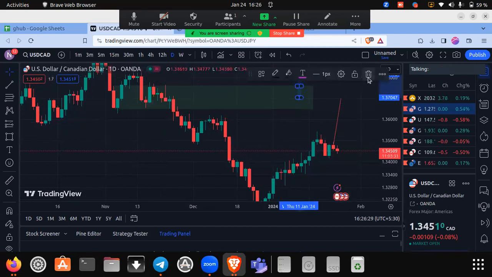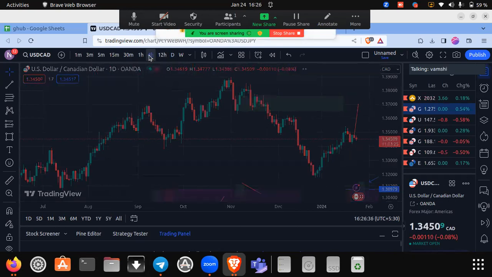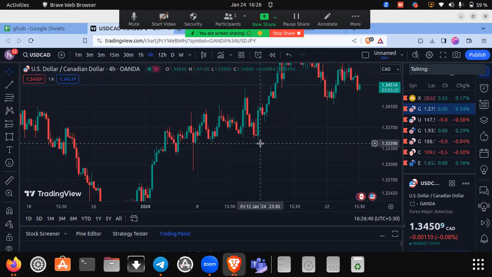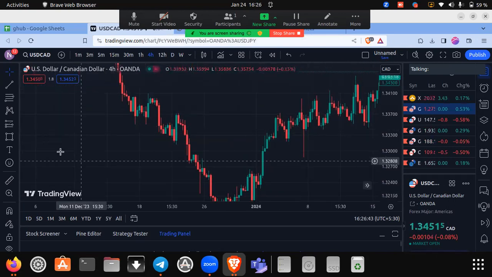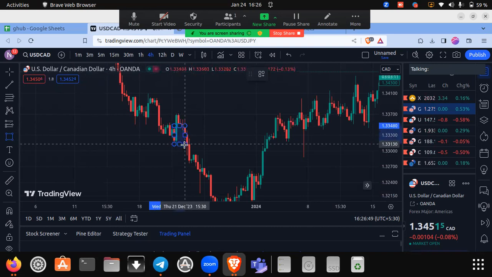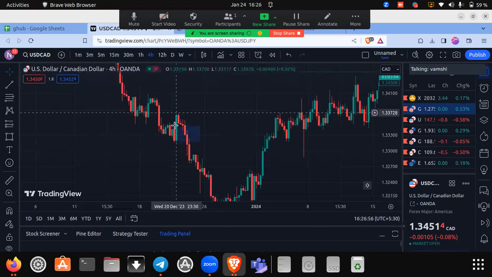I will show you a few more examples. Here this is an engulfing buy zone.